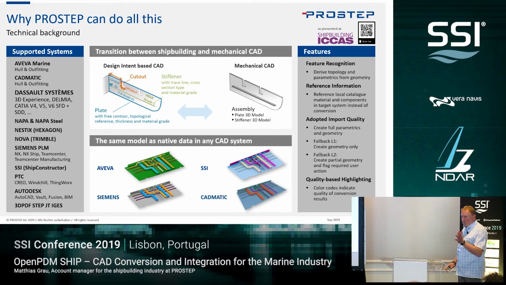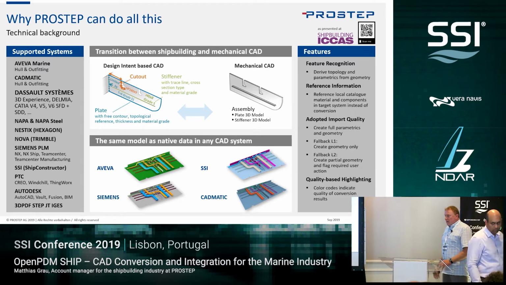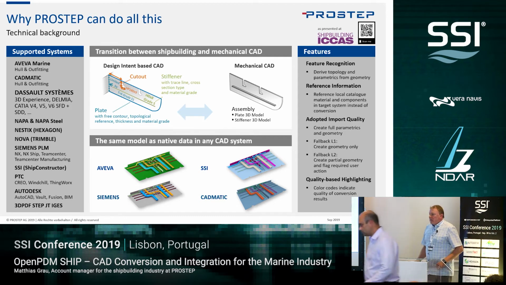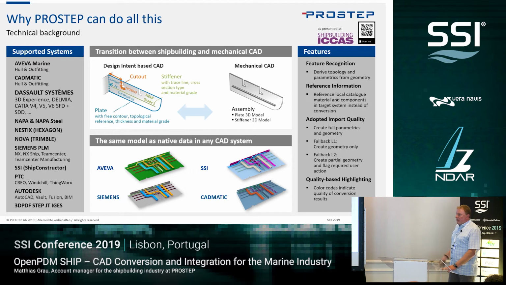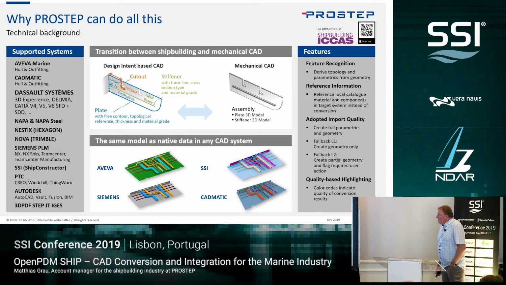So there are several frigate designs being sold in the last few years, and then again the question comes up, how can I get this design from the system it was originally created in into probably the system where the ship is supposed to be built, then in the environment of the company, the shipyard or the Navy that bought that design. This is all addressed by what we offer here and what we have developed over the last few years.